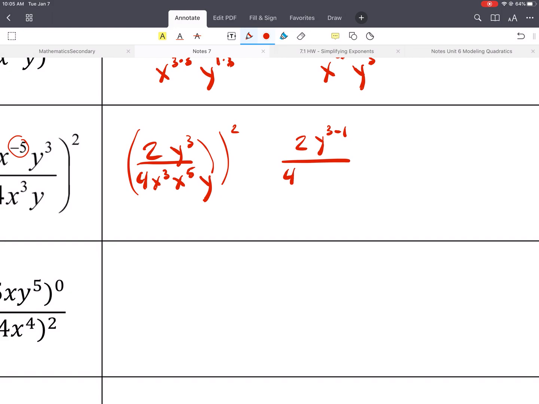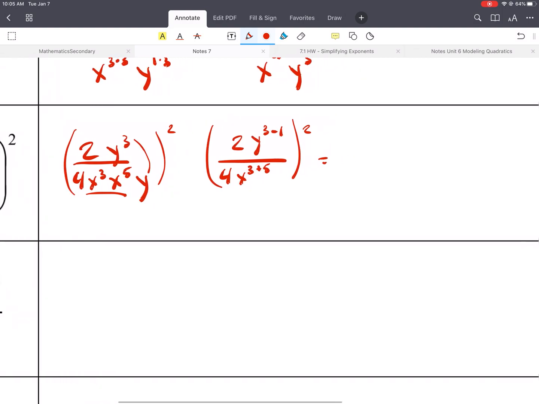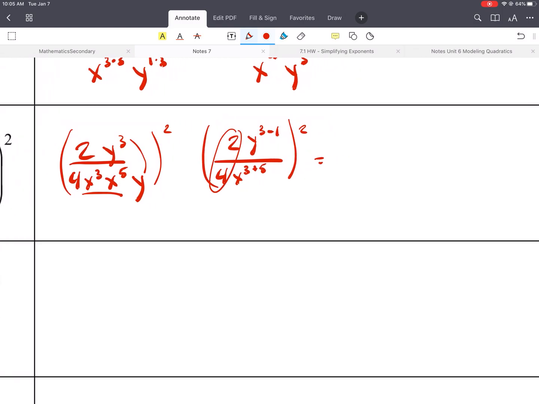And on the bottom we'd have 4x to the 3rd plus 5, since these are being multiplied. So we'd end up getting 2/4 is the same as 1/2. Y squared over x to the 8th.